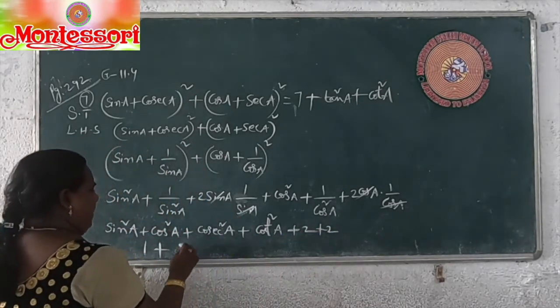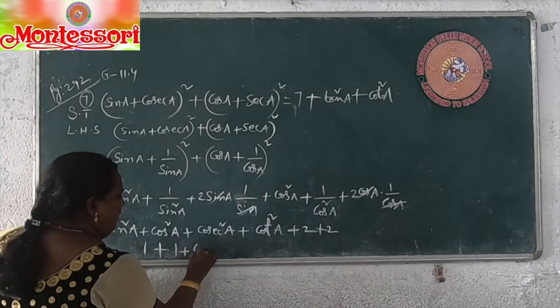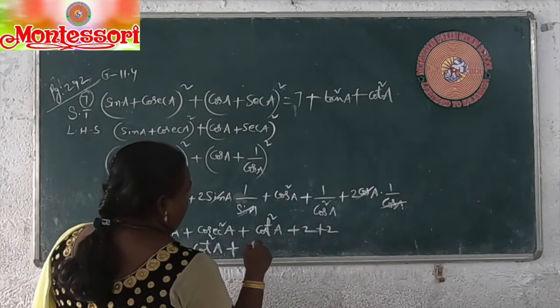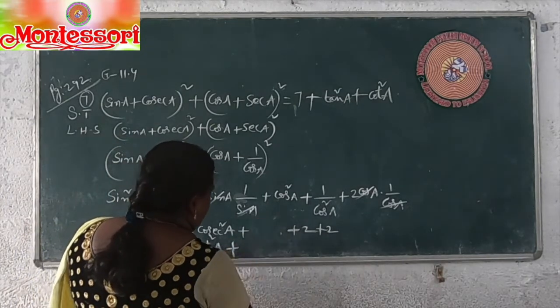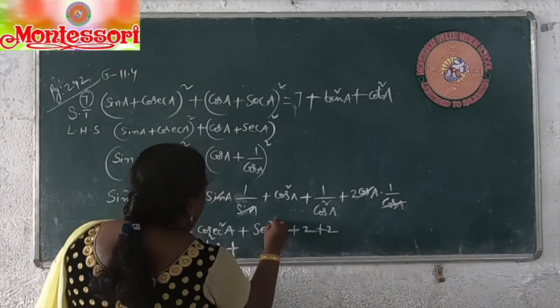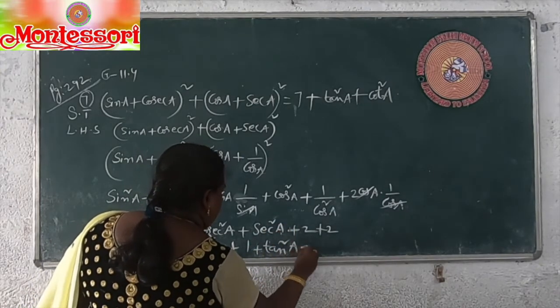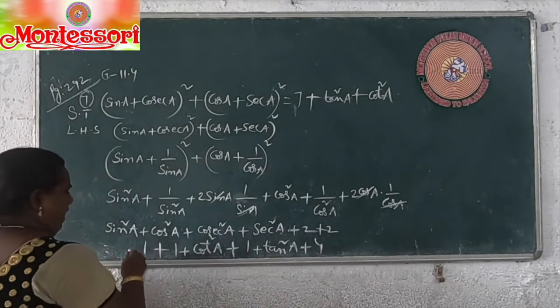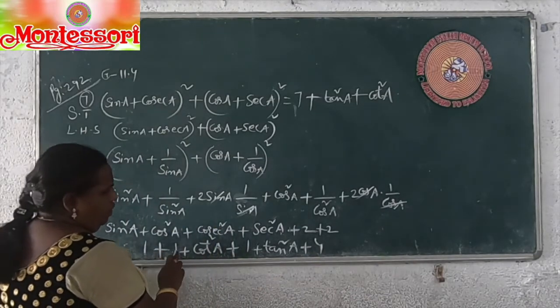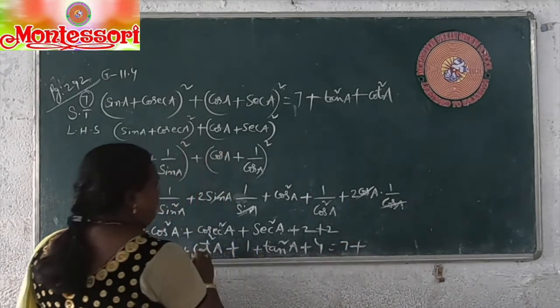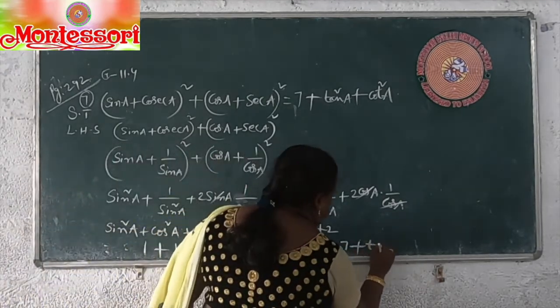Now cosec square A I write as 1 plus cot square A, and sec square A is equal to 1 plus tan square A, plus 4. Now total if we add 1 plus 1 is 2, 2 plus 1 is 3, 3 plus 4 is 7. 7 plus tan square A plus cot square A.